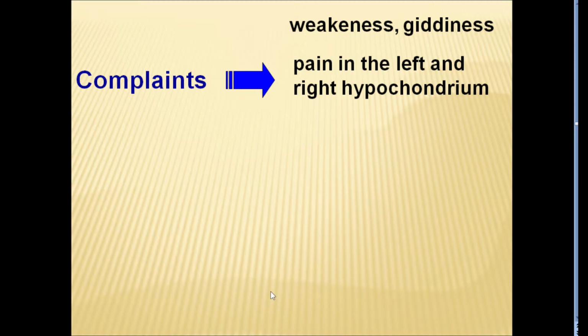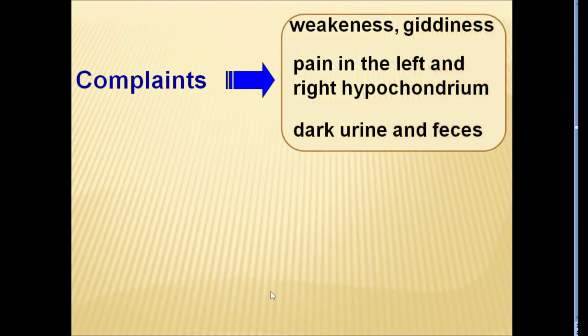We remember the left hypochondrium is the spleen, which is the depot of destroyed blood cells. It's enlarged due to increased activity. The right hypochondrium is the liver. It's also slightly enlarged due to increased activity. And the patient can see that the color of urine and feces becomes dark. We remember all bound bilirubin will be removed through the urine and feces.